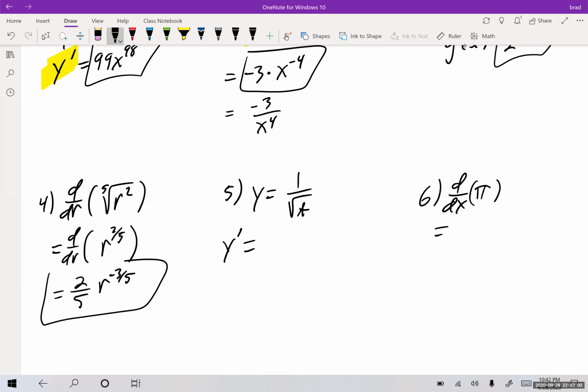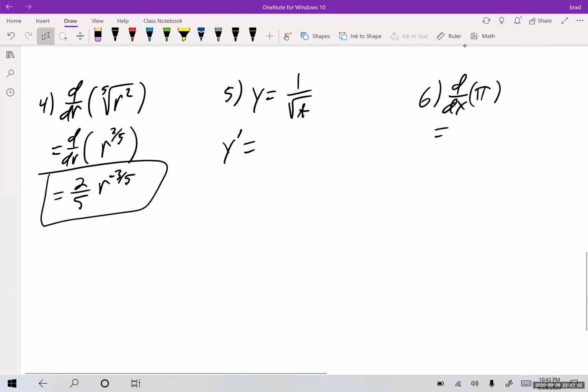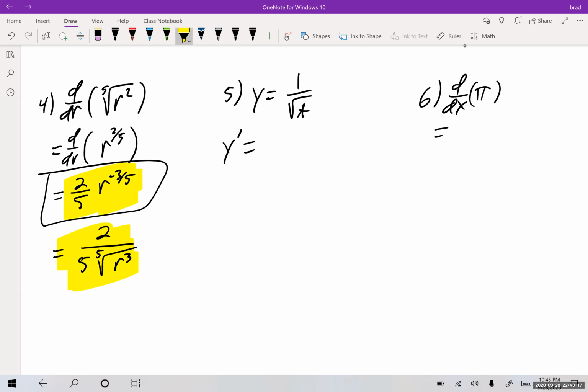So this would be the correct answer, but depending on how it's asked, you could also be asked to write this as 2 over 5 times the 5th root of r cubed. That is the exact same answer as this, except one of them is written with the radical in the denominator, and one of them is written as a negative rational exponent, okay?